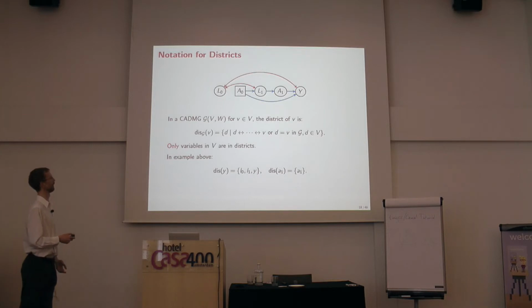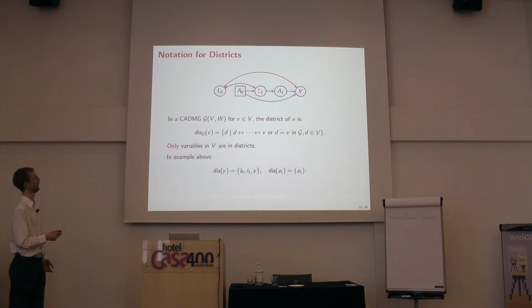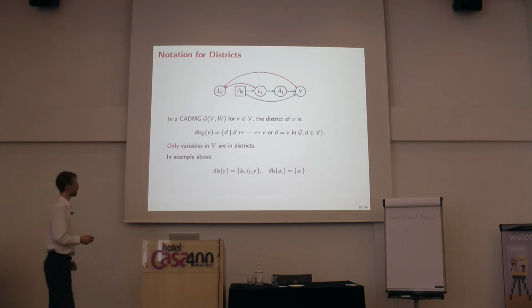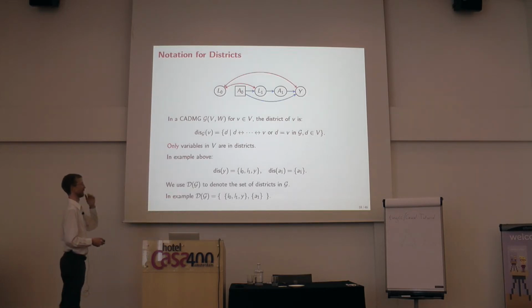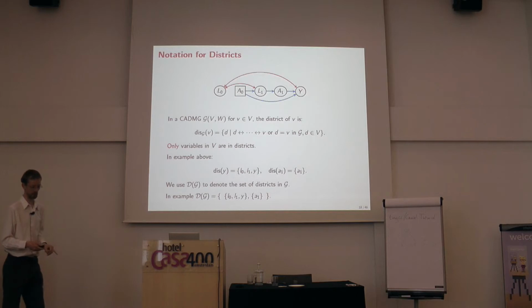So in this example here, the district for Y consists of Y, L0, and L1. The district for A1 just consists of A1 itself. And we'll write D of G to denote the set of districts in G. So that will always be a partition of the random variables in the graph.